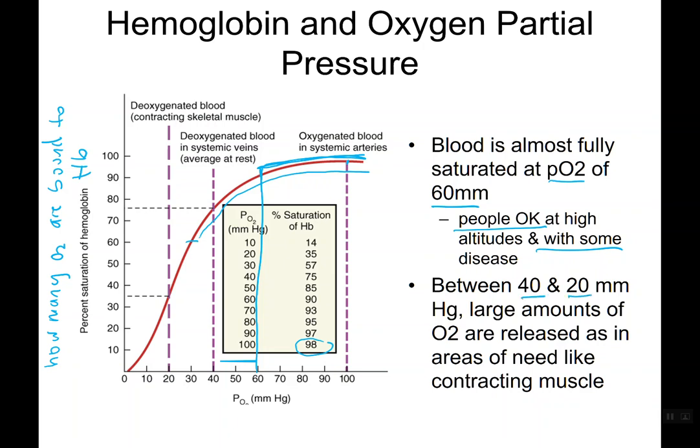So between 40 and 20 millimeters of mercury, large amounts of O2 are released as needed in areas like contracting muscle. So below this 60 millimeter of mercury point, the amount of O2 released is going to be roughly proportional, or a little bit more than proportionally related, to how hard the tissues are working.